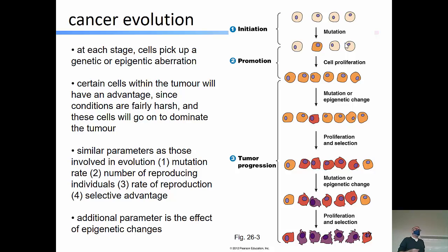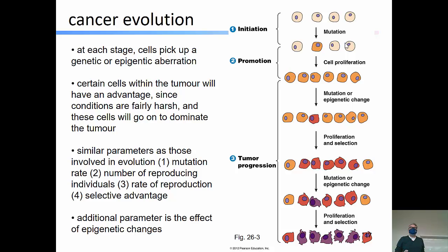So it's kind of like evolution. The cells pick up mutations, either genetic or epigenetic, and then there's a selective process. And the cells that can grow and replicate in that environment tend to predominate in that environment. As a tumor grows, something we need to think about is it's a harsh environment.